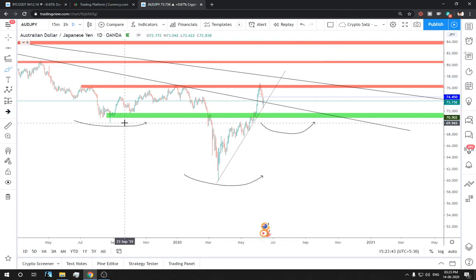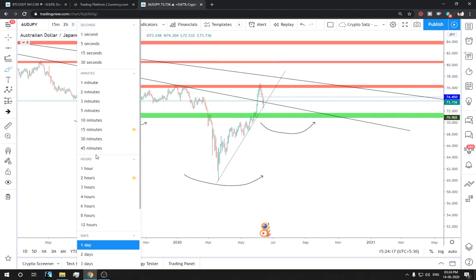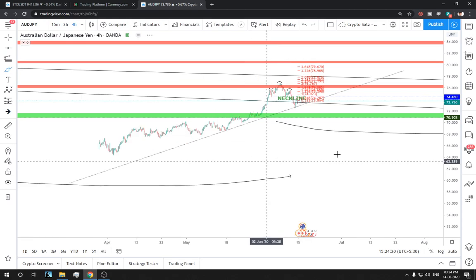I am looking for a bounce off this support zone, because 80% of the time when a head and shoulders pattern forms, it doesn't reach the lowest point of its left shoulder. It always seems to bounce before the lowest point of the left shoulder. So I would like to see a bounce over here, and I strongly believe there would be a bounce and it will continue its uptrend. Let's move on to the lower time frames.